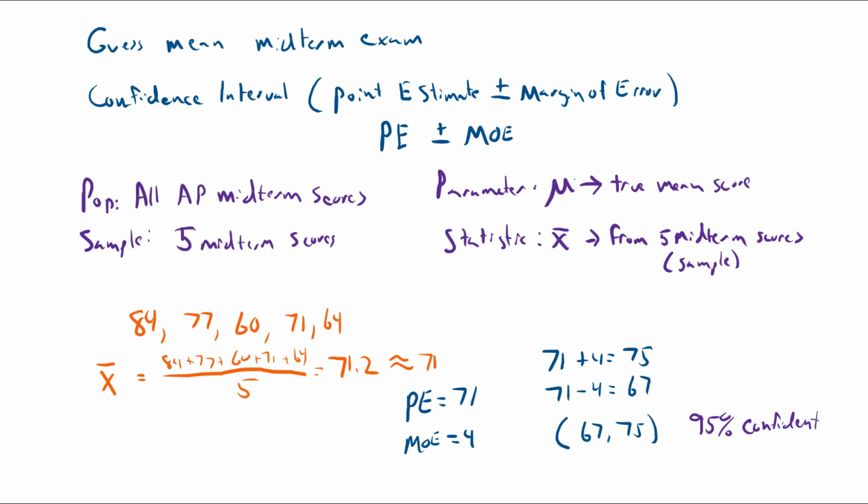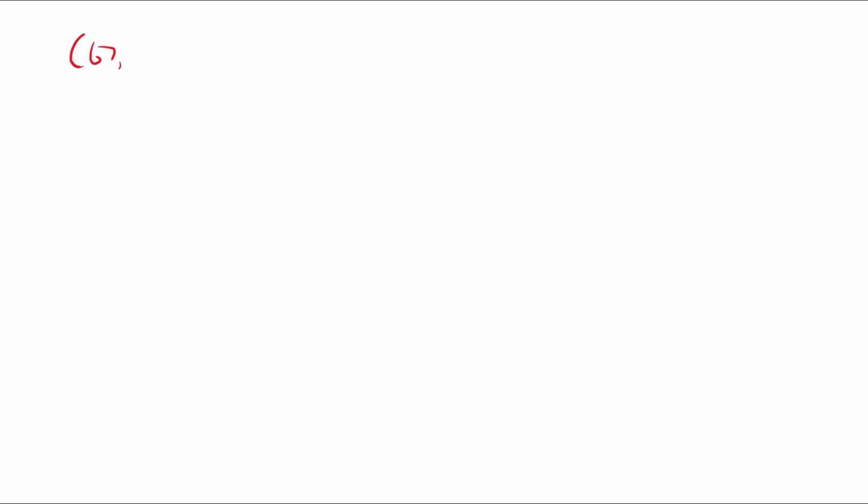You're given 67 and 75, and you're told to find your point estimate. To find the point estimate between those two, you take 75 plus 67 divided by 2.